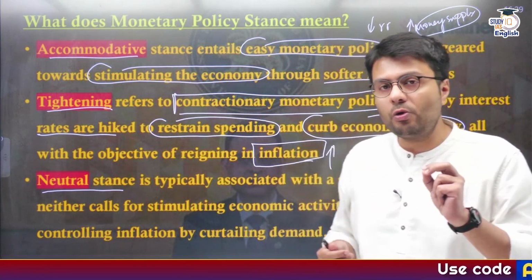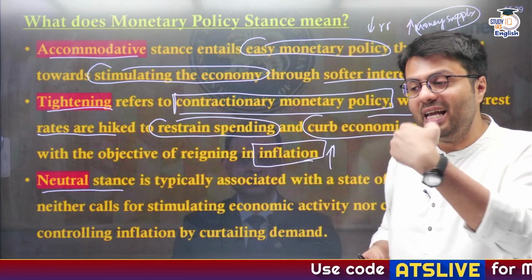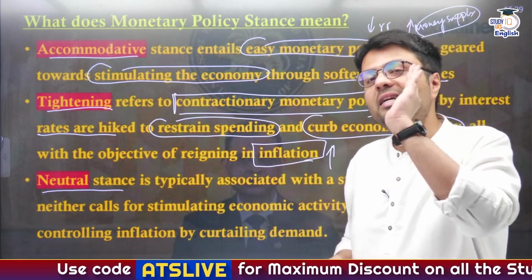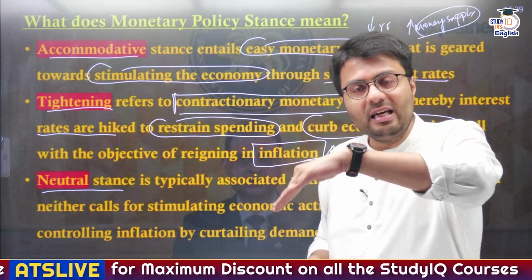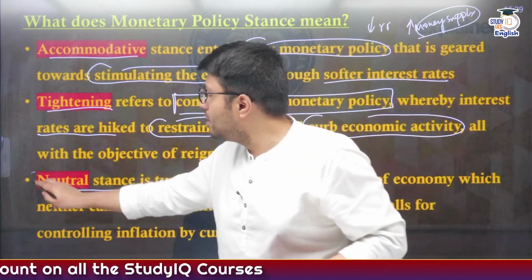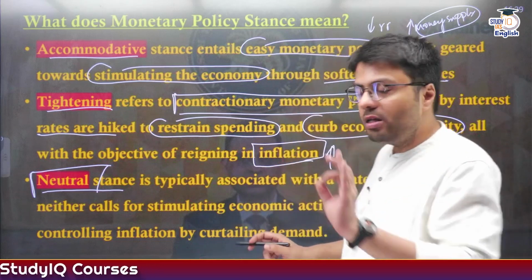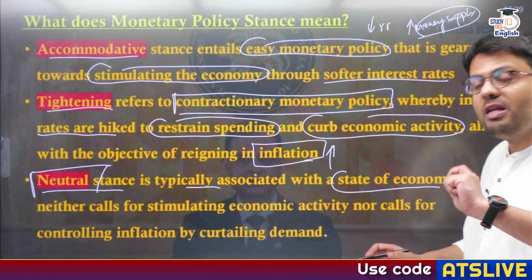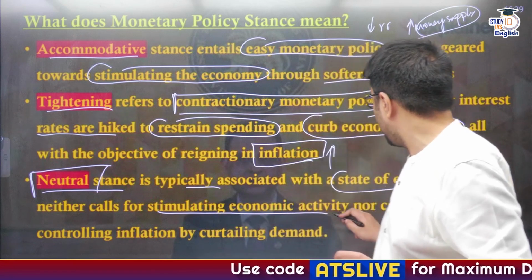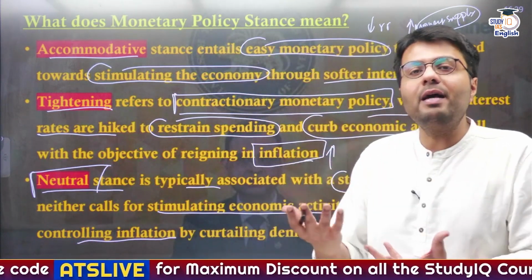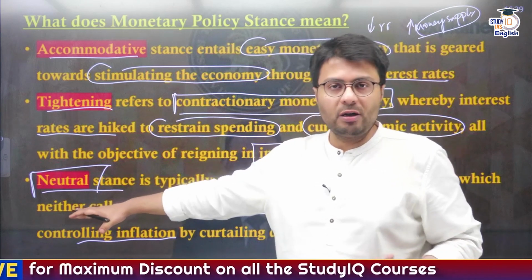So RBI does not know whether going forward it will increase the repo rate or decrease the repo rate, which means will it increase the money supply or will it not increase the money supply. RBI is not sure of it, so RBI adopts the neutral stance. And the neutral stance is typically associated with a state of economy which neither calls for stimulating economic activity nor calls for controlling inflation. So when RBI is not sure, it adopts the neutral stance.